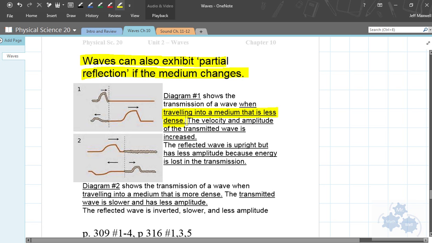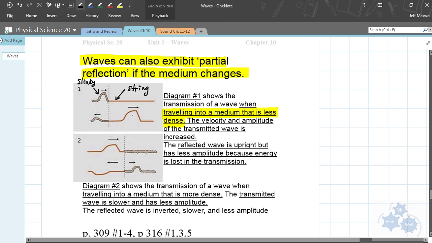So that would be represented in this diagram by, this looks like it would be the slinky, right? It's thicker, it's heavier, and this is the string, or the yarn, pretty light, right? So in diagram 1, what's happening is if we had a pulse down the slinky, I don't know if you guys noticed, but a pulse coming down the slinky here would make the yarn move quite wildly.